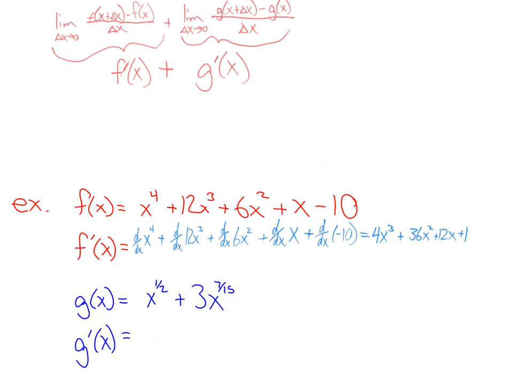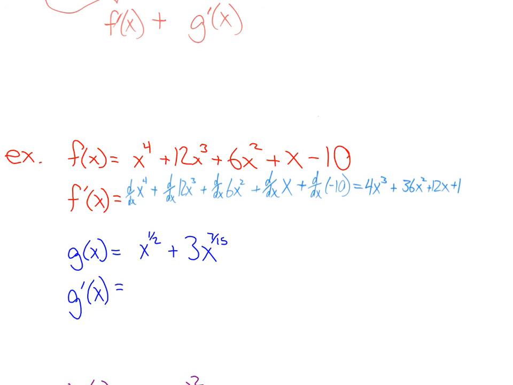So, kind of doing this a little bit faster as we move forward, we have x to the 1/2, so I take the derivative, it's 1/2 x to the 1/2 minus 1, so that's -1/2, plus, I have to do 7/15 times 3, so that's going to be 7/5.